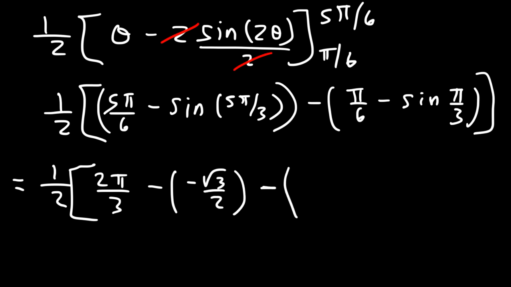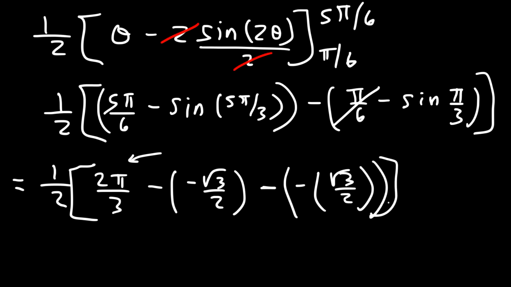And then we have minus. I've already incorporated that into this answer. And then we have negative sine pi over 3. And sine pi over 3 is positive square root 3 over 2. So this is 1/2 2 pi over 3.